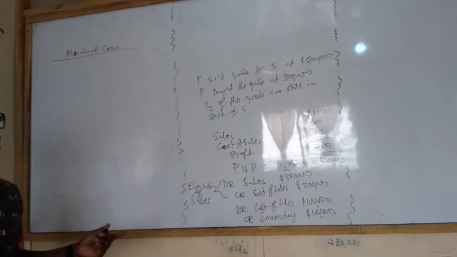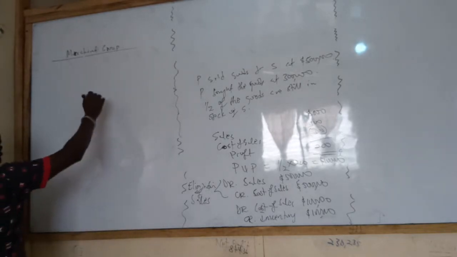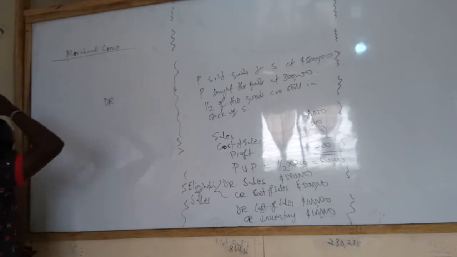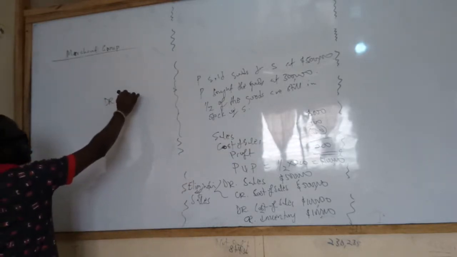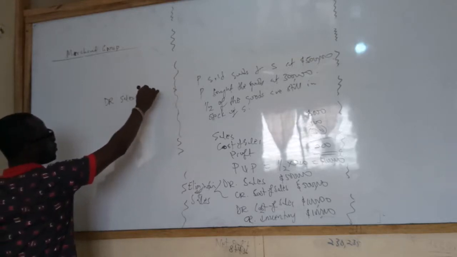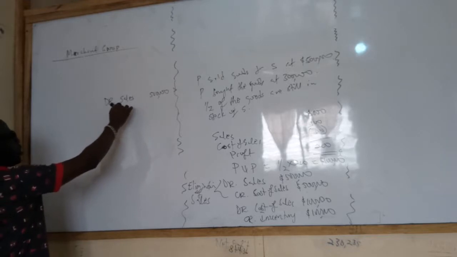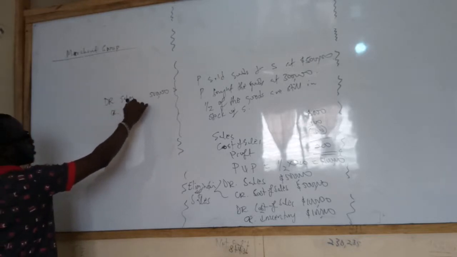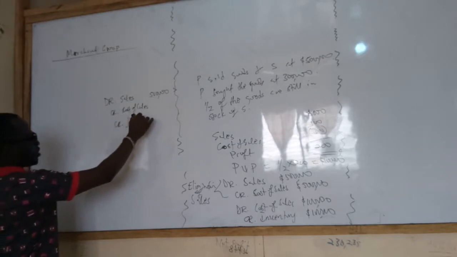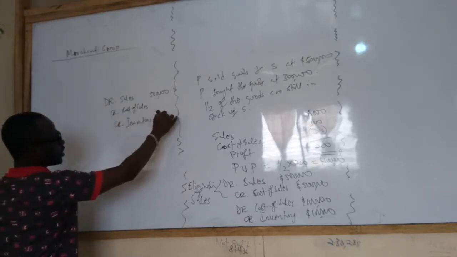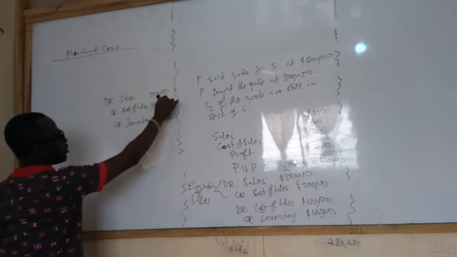It means technically what we are doing is to debit the sales with a whole figure of 500,000, credit cost of sales, credit inventory. So we are crediting inventory with 100,000 and the balancing will be credited to cost of sales.